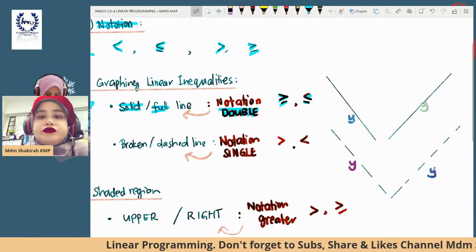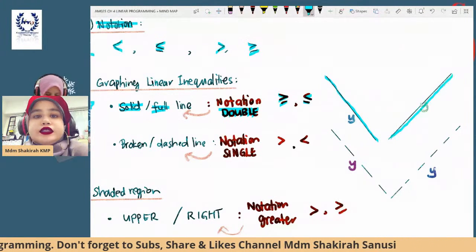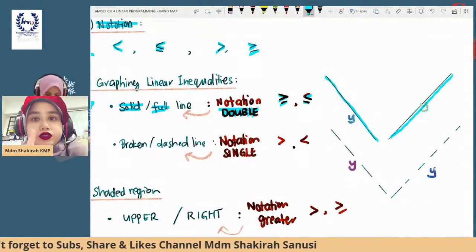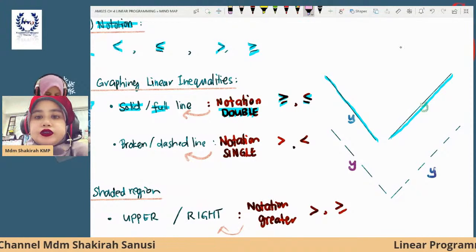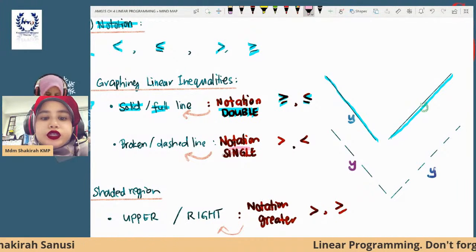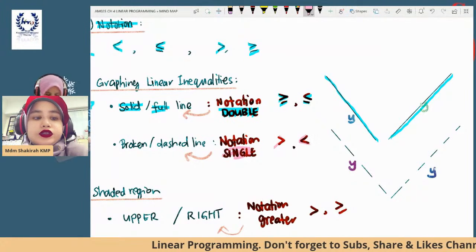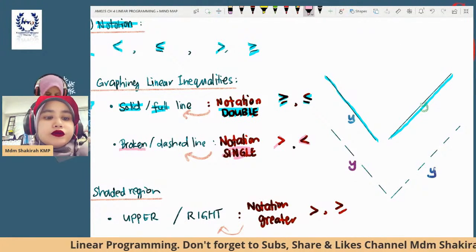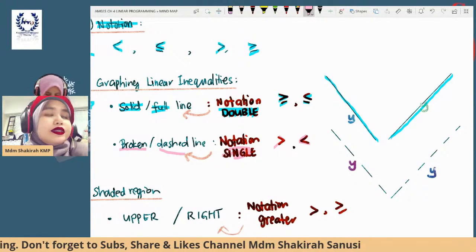Regardless of whether it is less or equal or greater or equal. Number 2, when your notation is single, so you will have greater or less only, your graph will be in the form of a broken or dashed line.